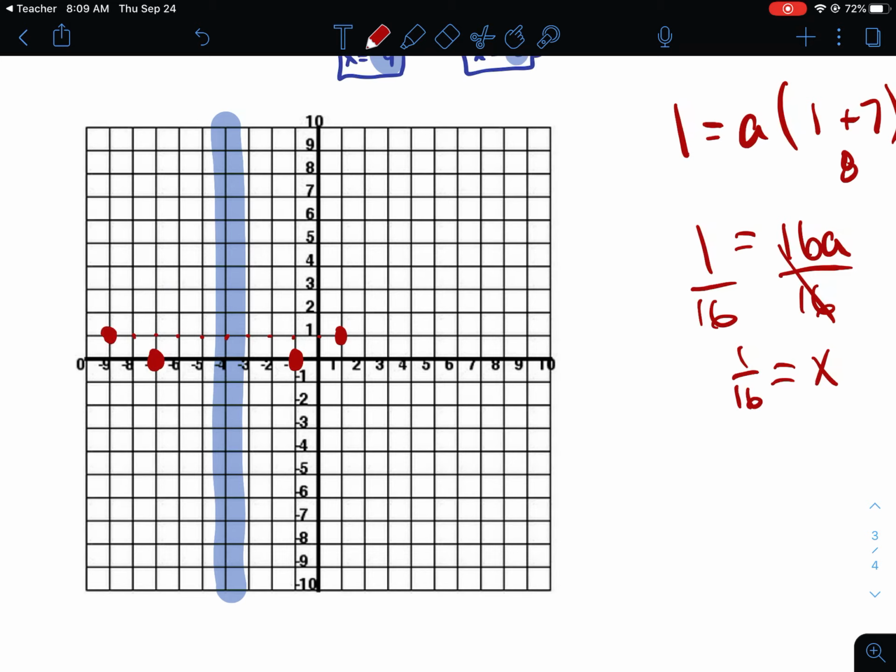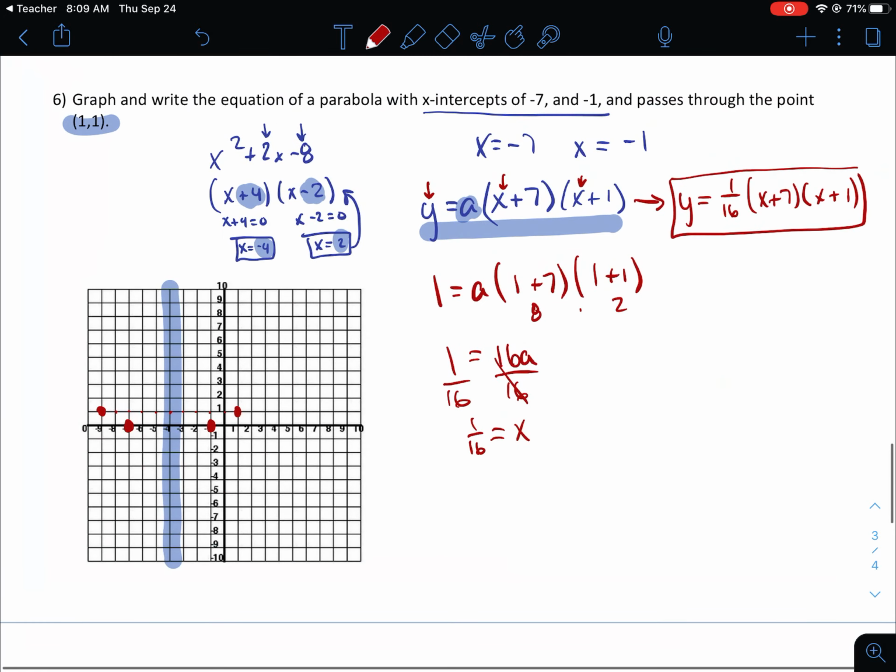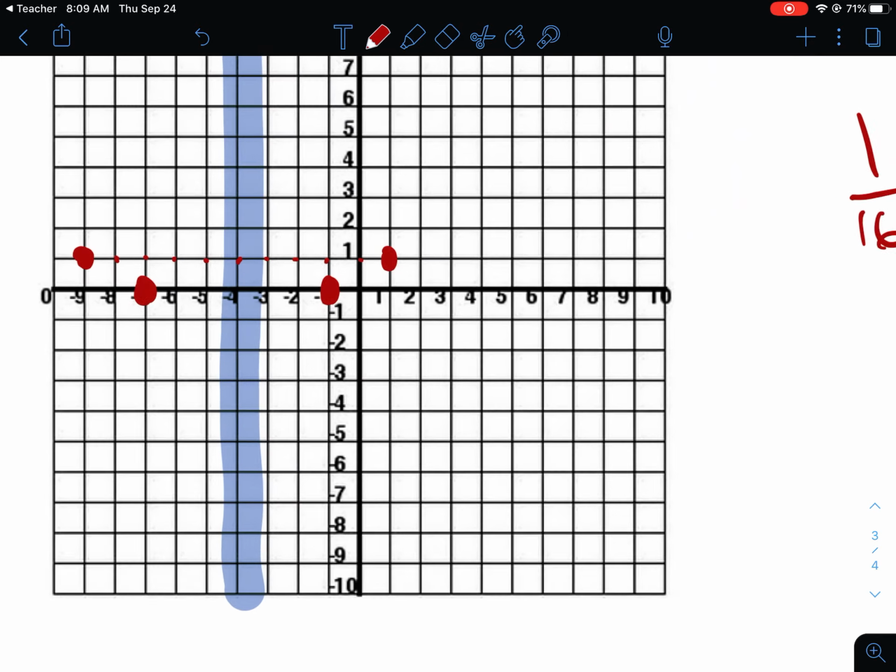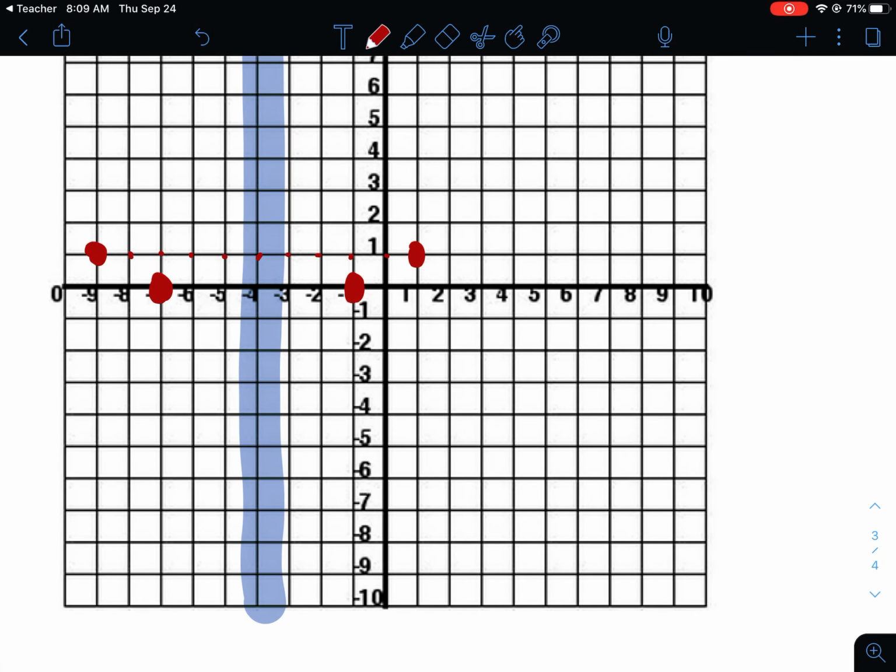We'll have another point right there. And then the vertex, we would then have to find the vertex, which you could multiply that out. I'm not going to do that at this point because you're not going to actually have to graph this type of problem on an actual test. But the vertex is right in here.